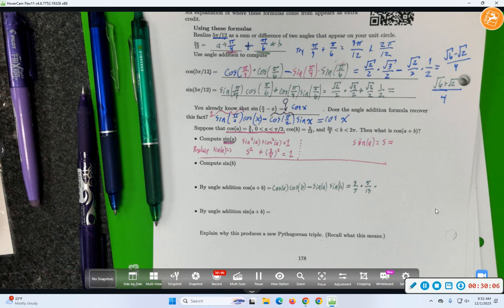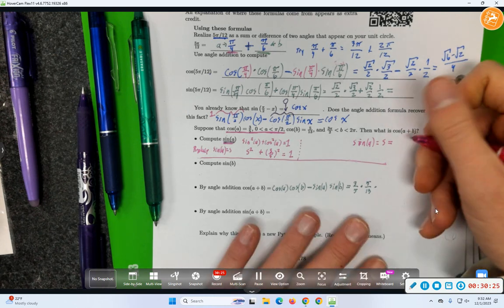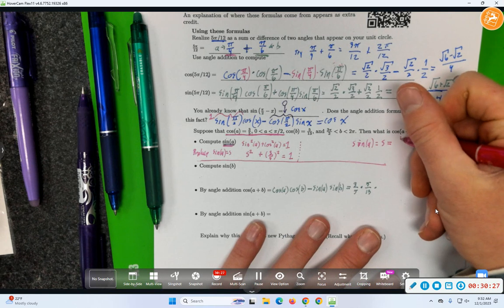What are we getting? 4 over 5. Do I hear a second? And now that you hear that 4 over 5, does this maybe remind you of a 3, 4, 5 right triangle? Yeah, so I think that you could have guessed this beforehand. All right, 4 over 5.